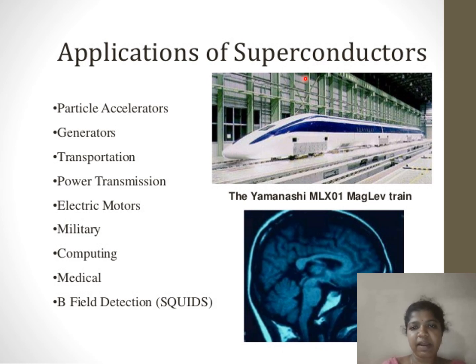Nowadays, superconductors play a major role in various fields like medical, military, electric motors, etc. They are mainly used in particle accelerators, generators, and transportation. The best example is the maglev train, also power transmission, electric motors, military, computing. For medical purposes, we use MRI, magnetic resonance imaging. They can also be used as superconductor materials in magnetic field detectors.